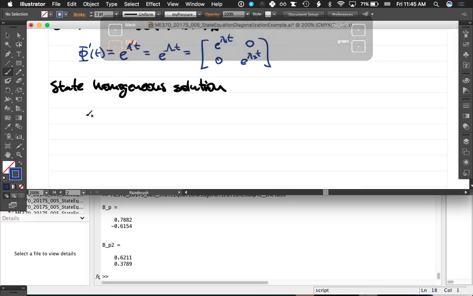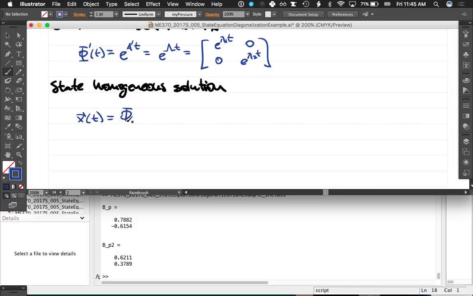And so what we want here is x of t, which we know is equal to phi, we don't know phi, we know phi prime, of t times x of 0. Now, we can go back and cheat and use the formulas that I provided earlier, or we can just derive it because it's actually kind of more fun that way.